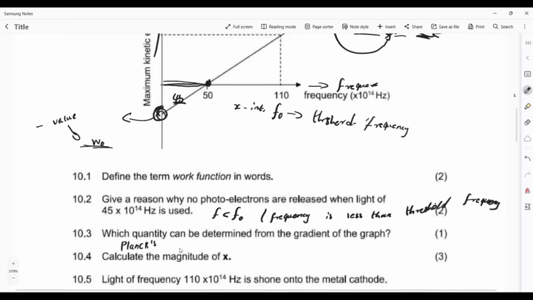That is the quantity that can be determined from the gradient. Because this Planck's constant is 6.63 times 10 to the power negative 34, of which it is your h over there.